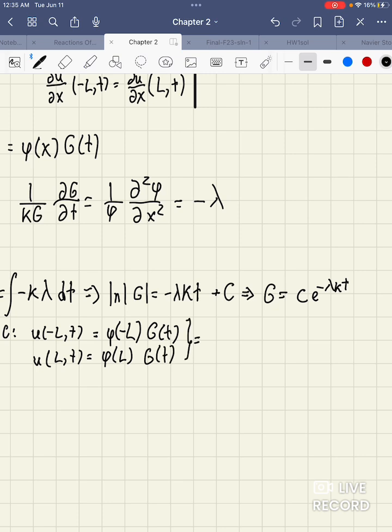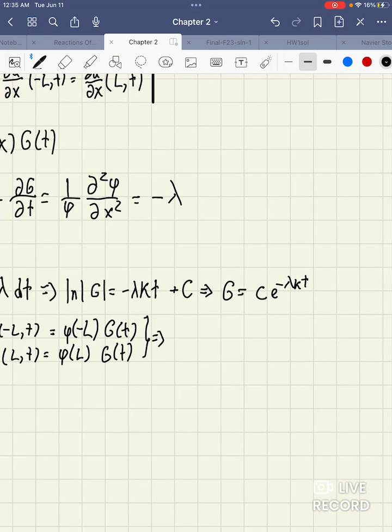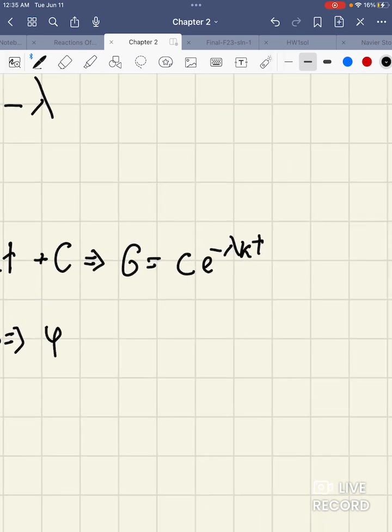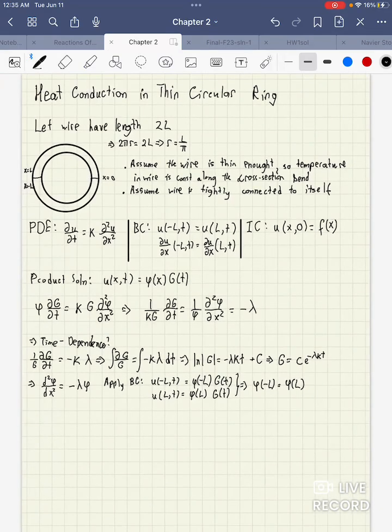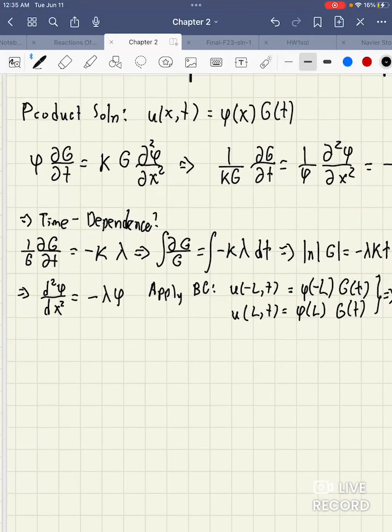Since these are equal to each other, therefore phi of negative L is equal to phi of L. Similarly, the other boundary condition.